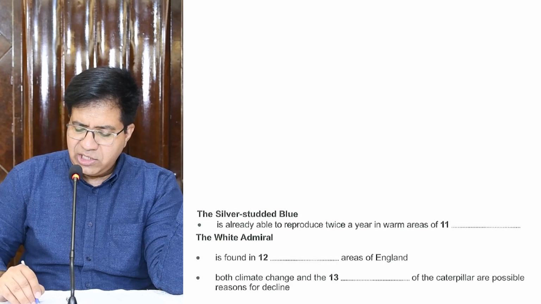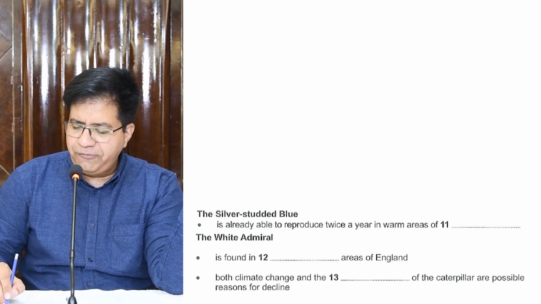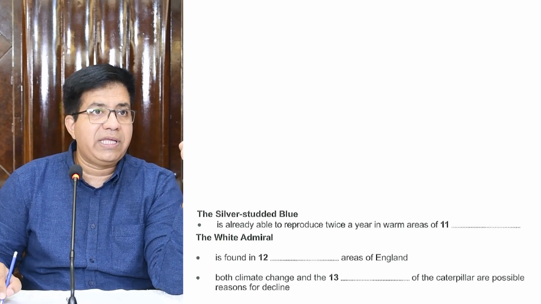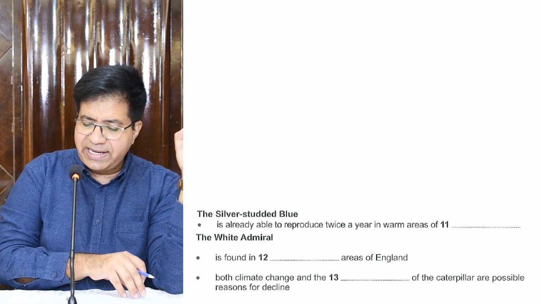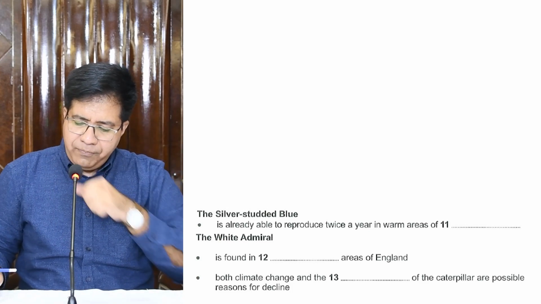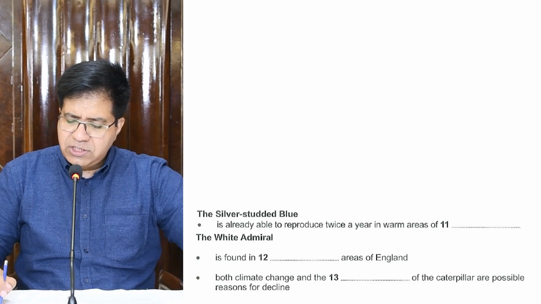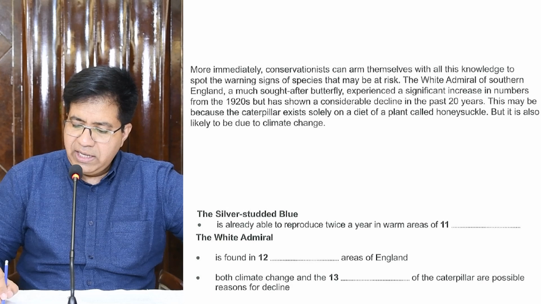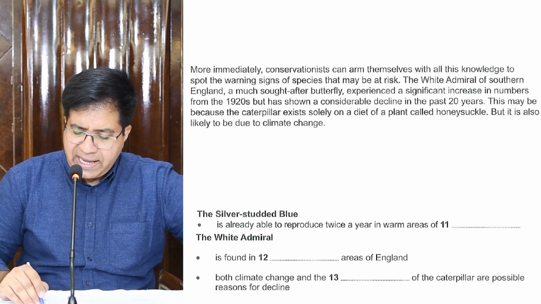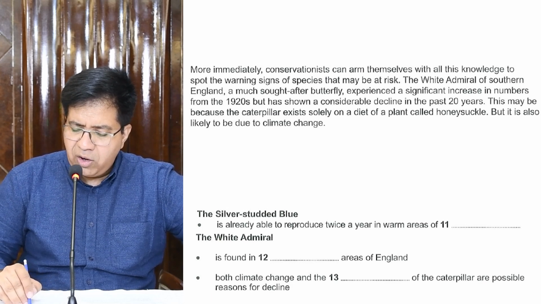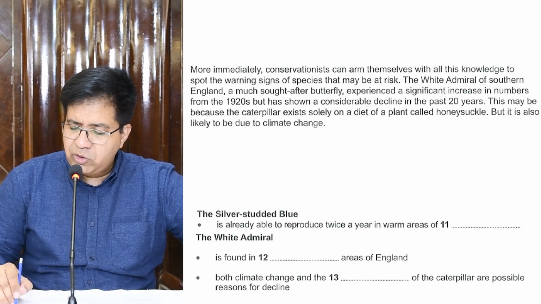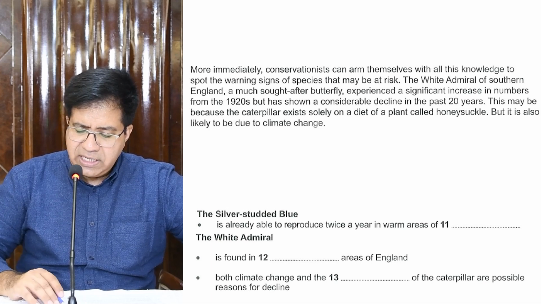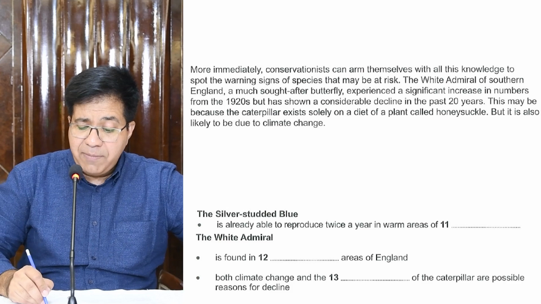Both climate change and the dash of the caterpillar are possible. Two things. One is climate change and second we will find. Alright, I'm reading it from the third last line after 20 years. Found it? Okay. This may be because the caterpillar exists solely on a diet of a plant called honeysuckle, but it is also likely to be due to climate change.